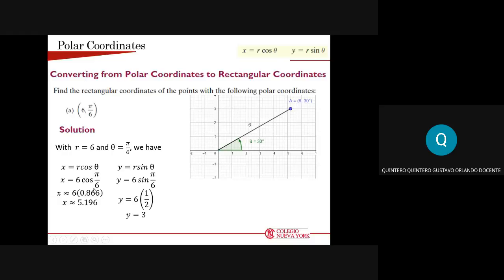The answer is a rounded number, right? If you do this in your calculator, you're going to find that 0.866 has a lot more decimals. 0.866 and then some other numbers. So I'm rounding this number to 3 decimals. Since I am rounding, I need to use the symbol for rounding, right?